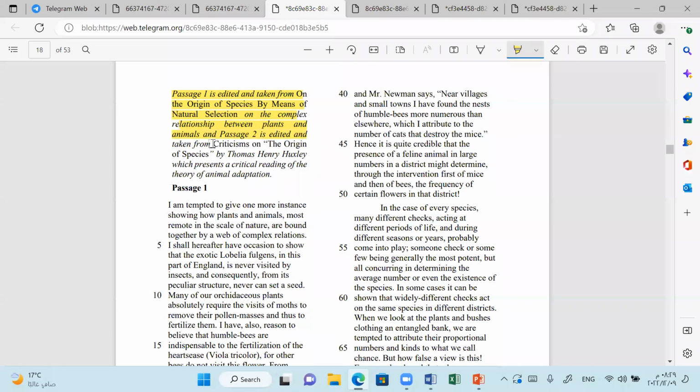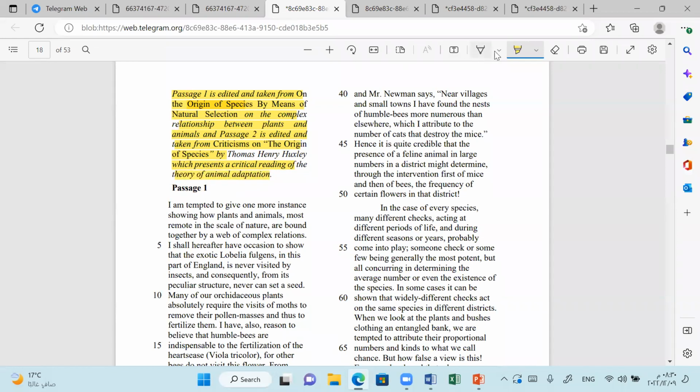And passage 2 is edited and taken from Criticisms on the Origin of Species by Thomas Henry, which presents a critical reading of the theory of animal adaptation.